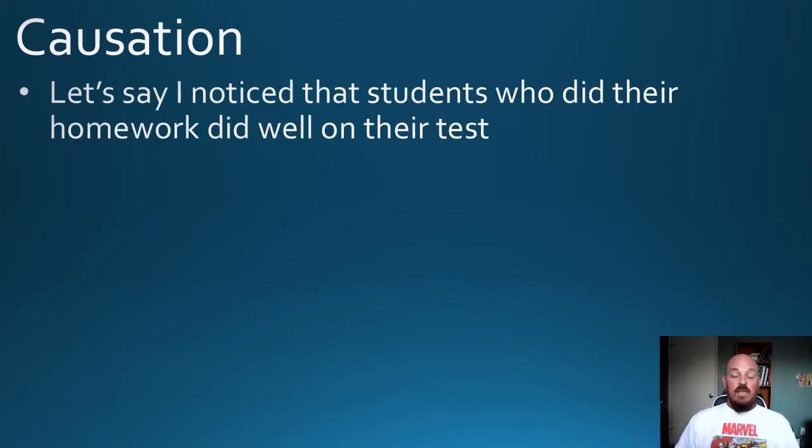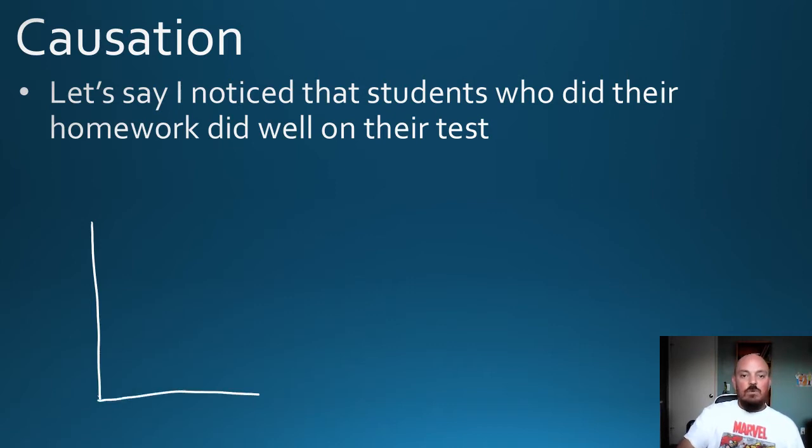So let's say I noticed that students who did their homework did well on their test. And let me give you an example of what that might look like as a scatter plot. Let's say I graphed test scores where this value down here was the number of homework assignments that you finished.